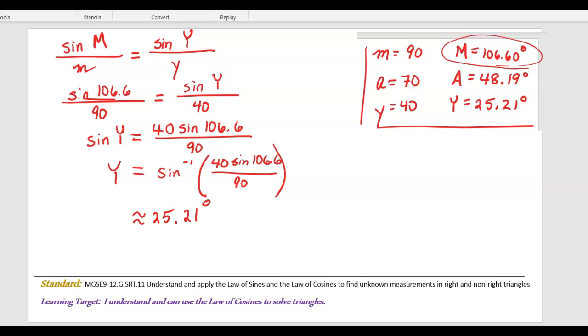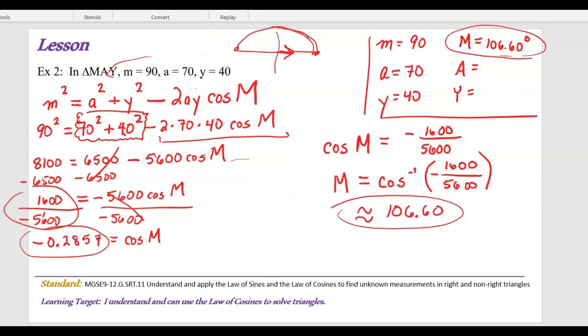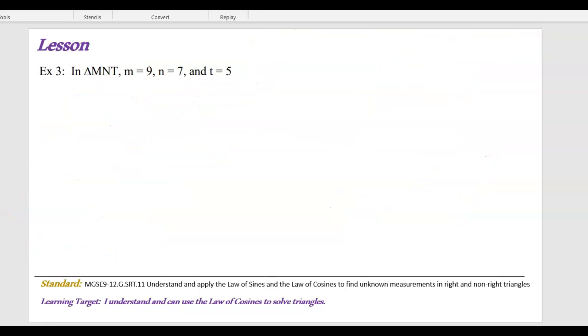My longest side is opposite my largest angle. Quick check, all is well. Boom. Okay? So just a reminder, if you're given three sides, start the formula with the longest side. That means you're finding the largest angle. Cosine inverse will give you obtuse angles. Sine inverse will not.